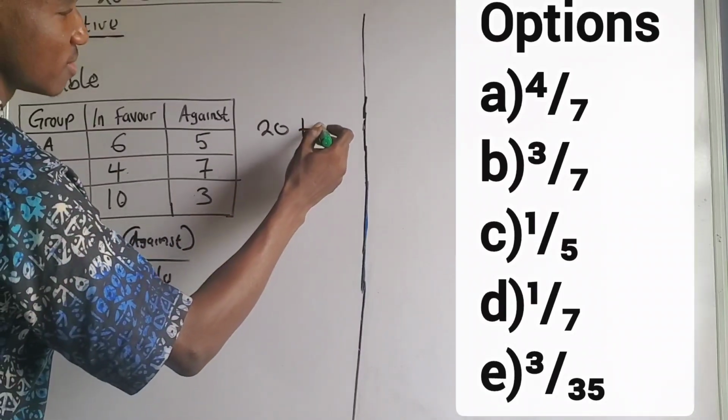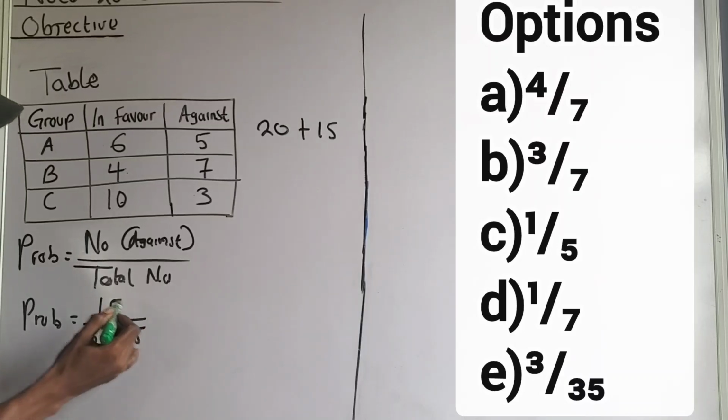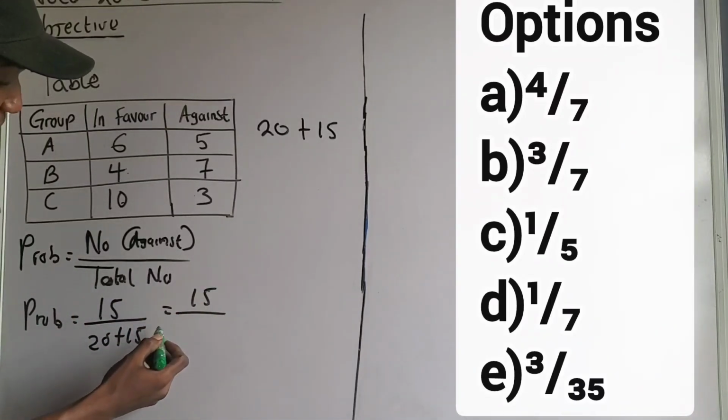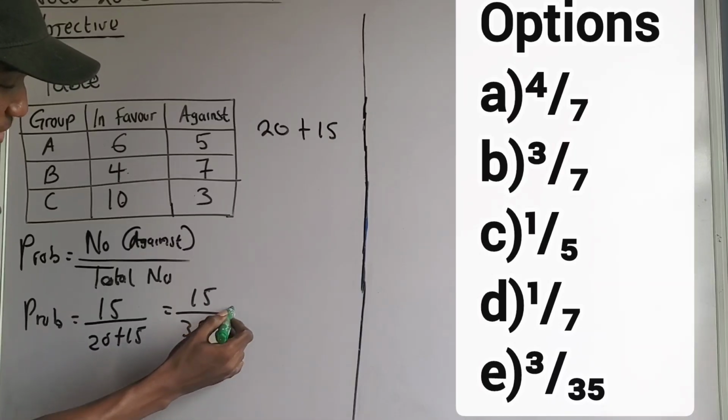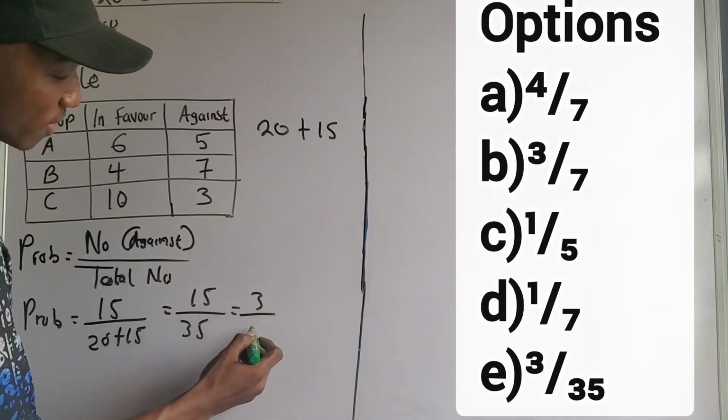So 20 plus 15 is 35. The probability here will be 15 over 35. So you can reduce it to the lowest form. You're going to have 3 over 7.